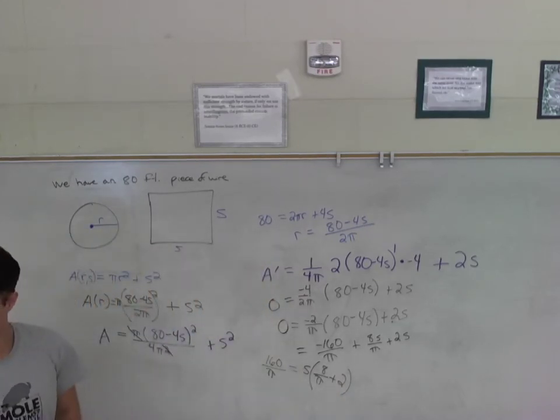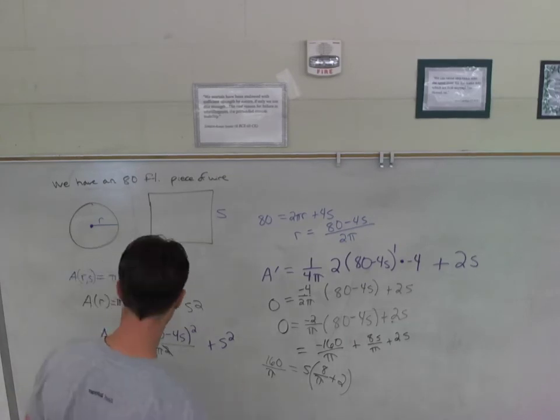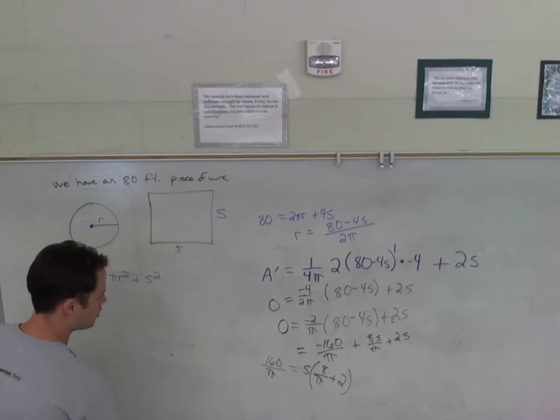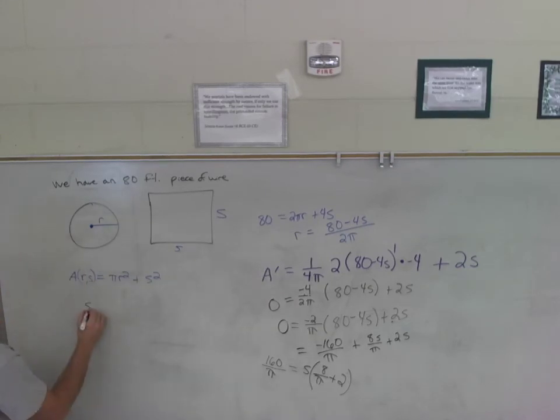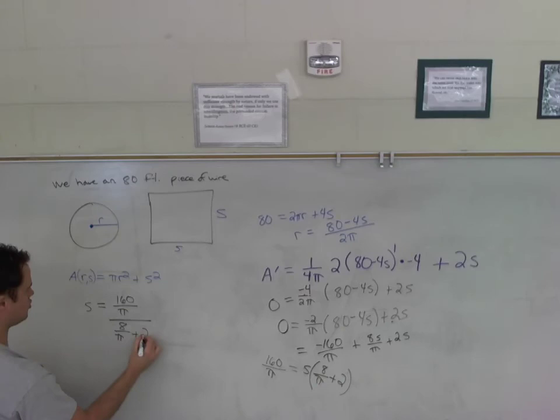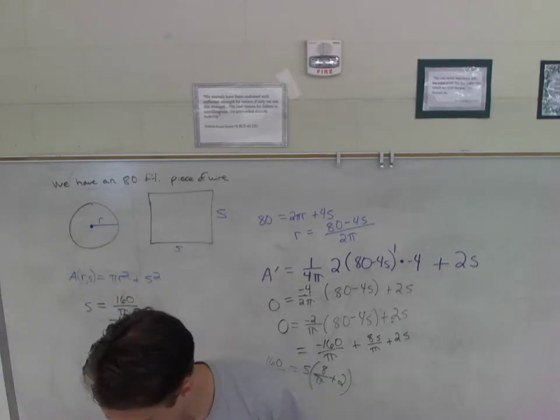And then divide that chunk to the other side, and I'll probably just use my calculator to do it. So let's see, we've got that s equals 160 over pi, all divided by 8 over pi plus 2. What is that? Let's see if you guys get the same thing that I had from earlier.